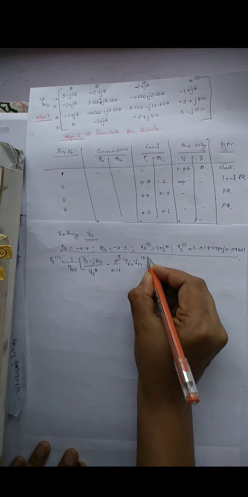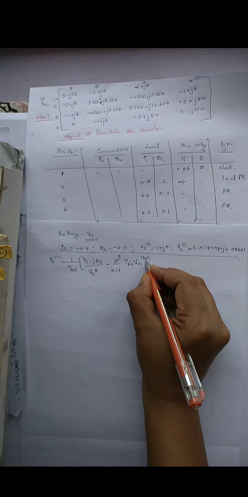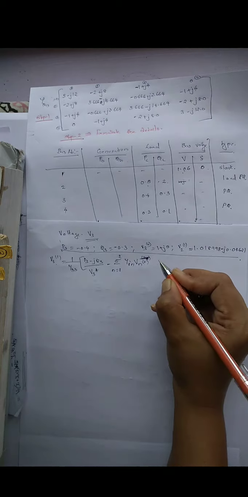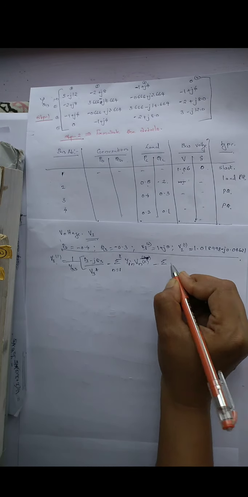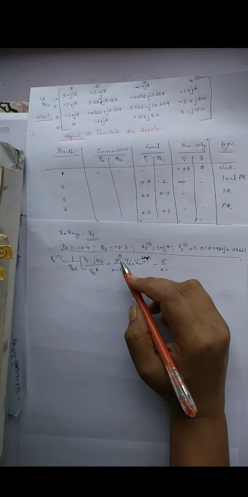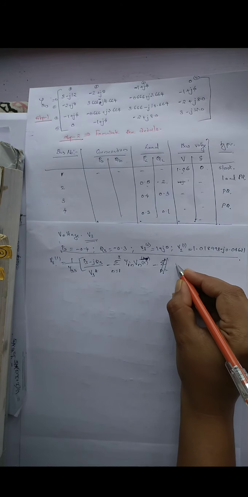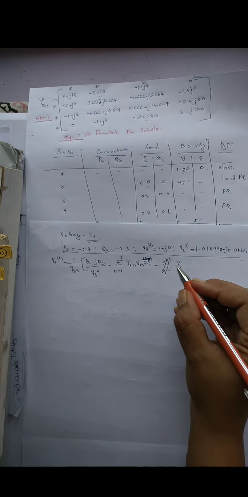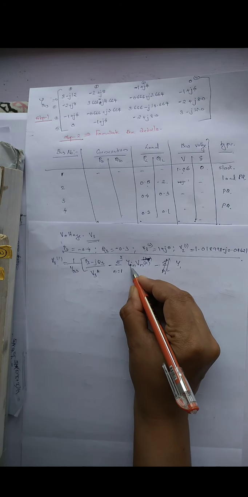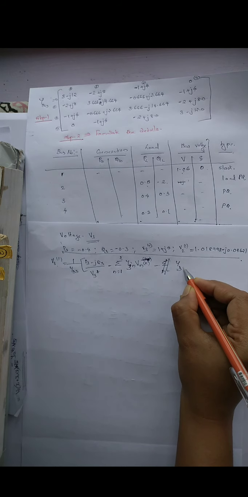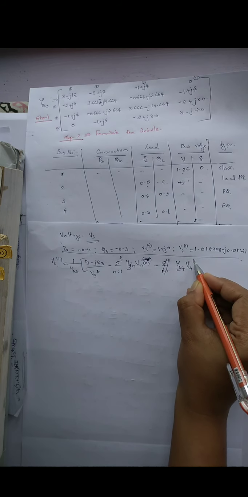That should be the kth iteration, so this should be k. I am rewriting it, minus sigma n equal to i plus 1, that is 3 plus 1, 4. Here i is 3, so Y3n should be there, and here Y34 V4.